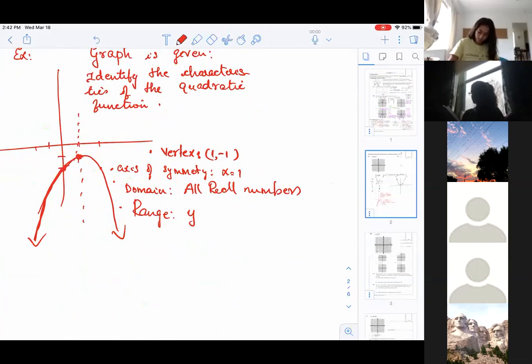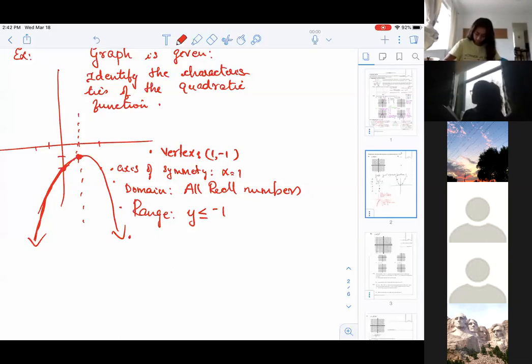Range means y, so you start with y. And unlike all other graphs, this one is actually opening down, which is fine. So you say y is less than or equal to negative 1, because we don't have anything above -1.